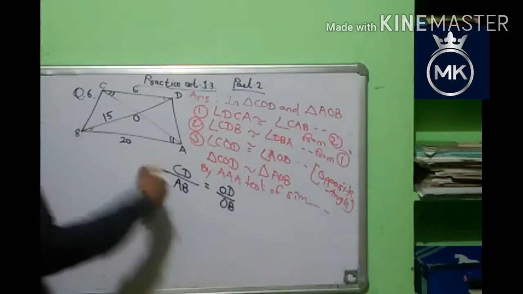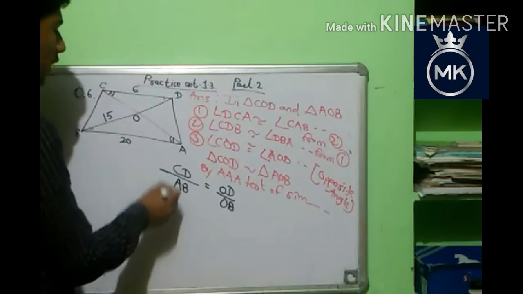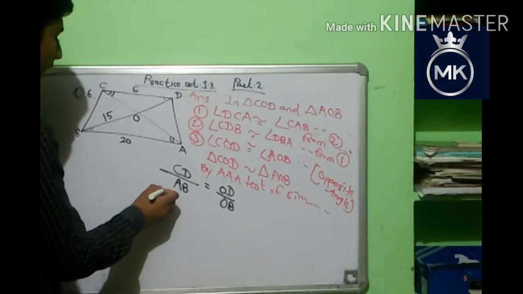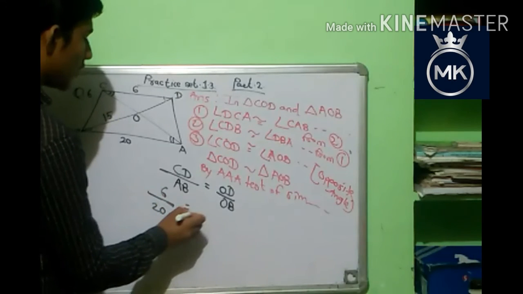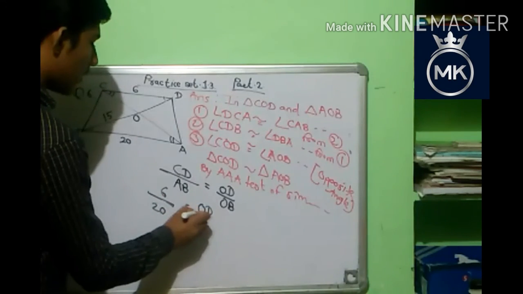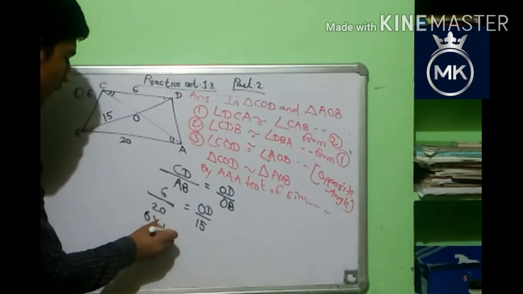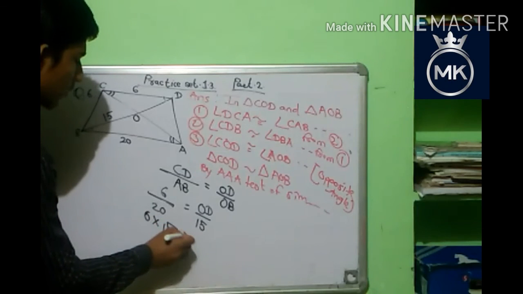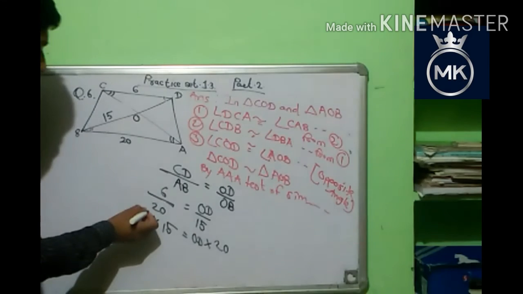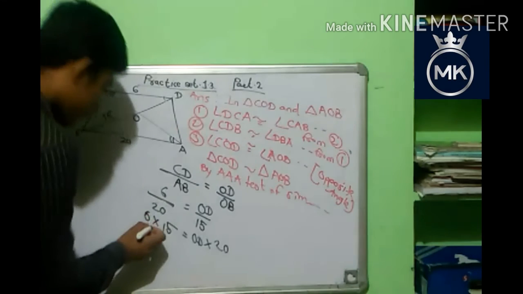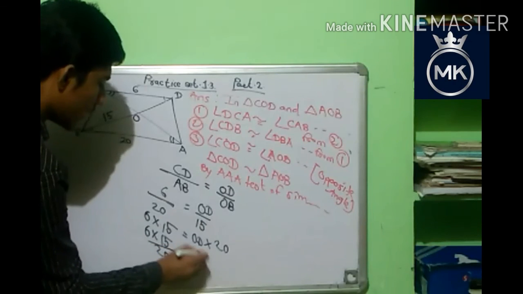We put the values in the proportion: CD is 6, AB is 20, equal to OD, which we have to find, and OB is 15. So we write 6 into 15 is equal to OD into 20. Multiplying, OD is converted to divide. So 6 into 15 by 20 is equal to OD.